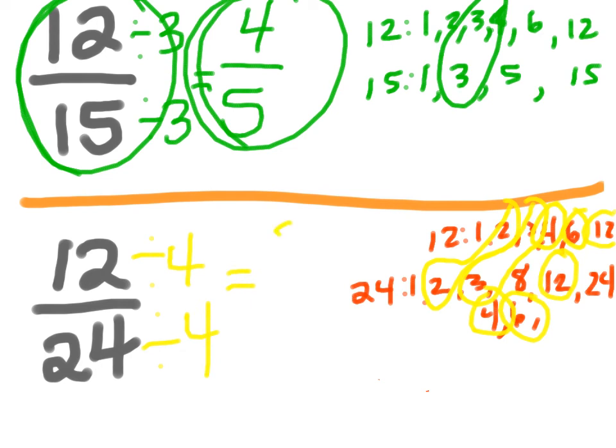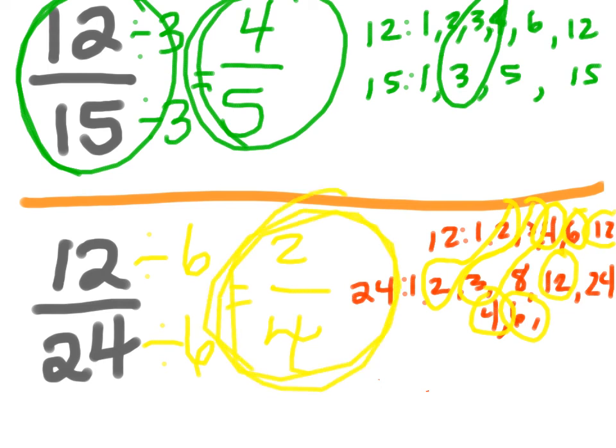That's 3/6. That's another one we got. And we can divide by 6. Did they have 6 in common? Yes, I circled that. 2/4. That's another one we didn't find, but is also equivalent to 12/24. Awesome job.